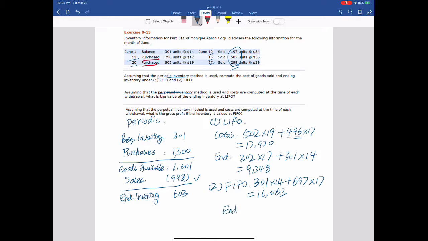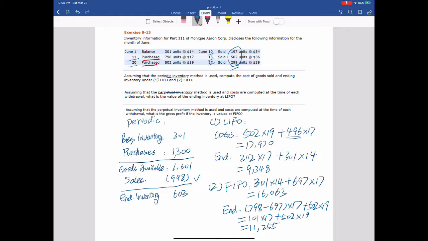The ending inventory, which was left, will be 798. The first purchase, subtract the number of units sold, multiplied by 17. And the last purchase is still considered part of the ending inventory, at 19. So this is 101 multiplied by 17 plus 502 multiplied by 19, and the ending inventory is 11,255.